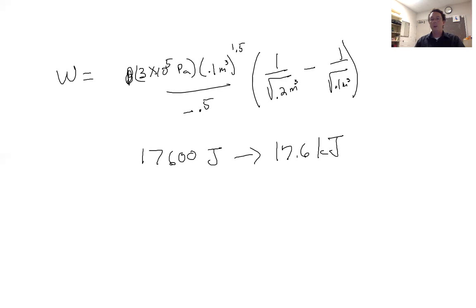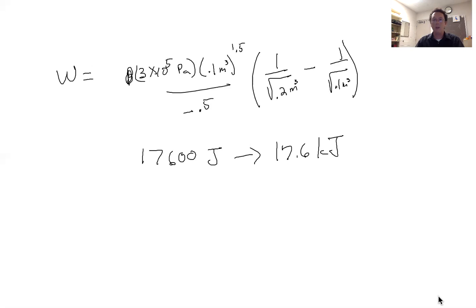Let me show one other thing. It's a handy little formula. The formula for the work was the constant over 1 minus n times, I'll evaluate that, V2 to the 1 minus n minus V1 to the 1 minus n, from evaluating that integral.